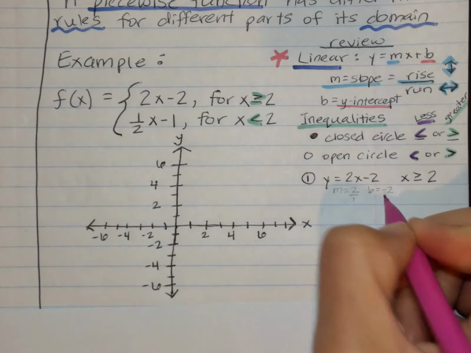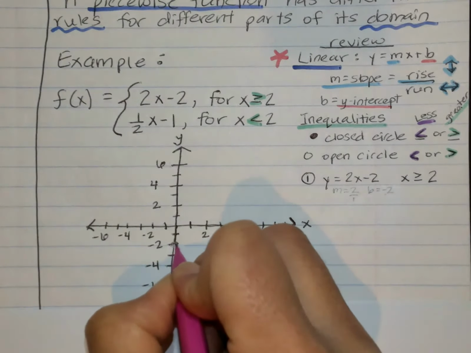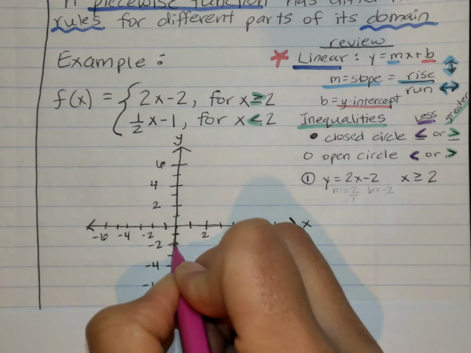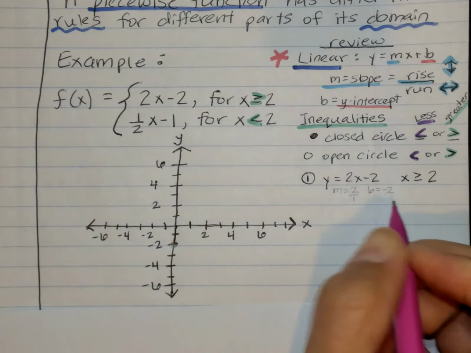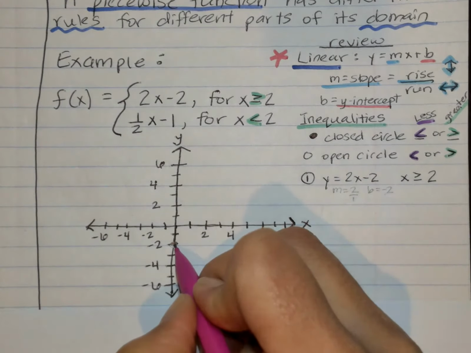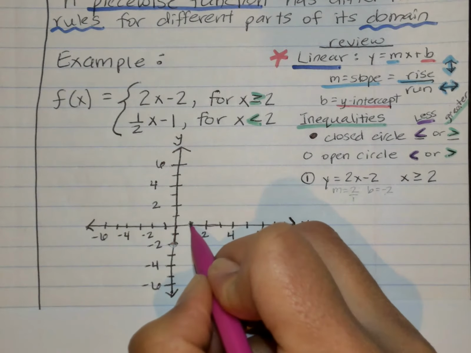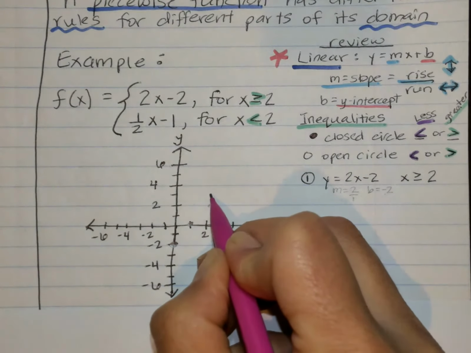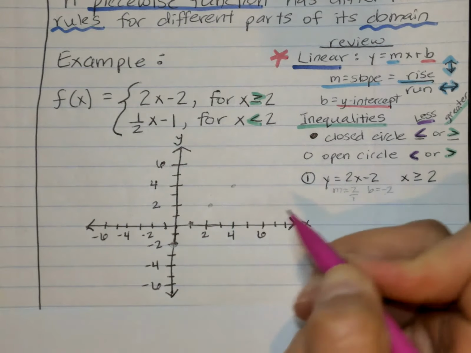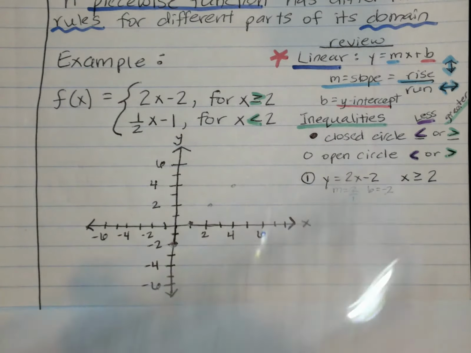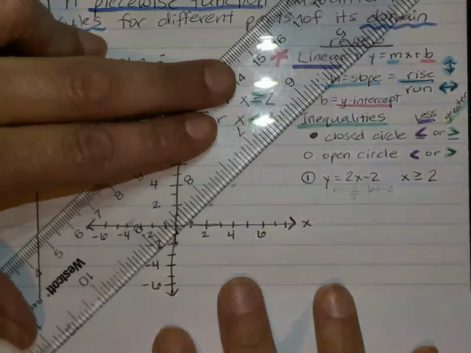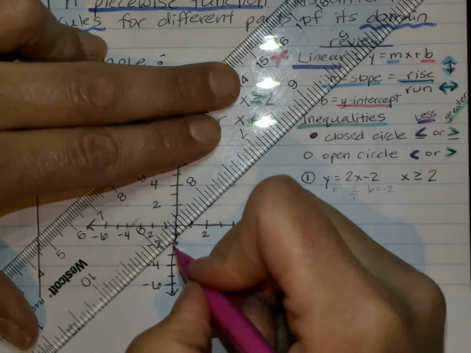I start at y equals negative 2. I put my point, and again, I'm using pencil because I'm going to actually have to erase this. My slope is 2 over 1, so from here I count up 2, right 1, up 2, right 1, up 2, right 1. I get a few points so that I can then use a ruler and connect with a solid line.